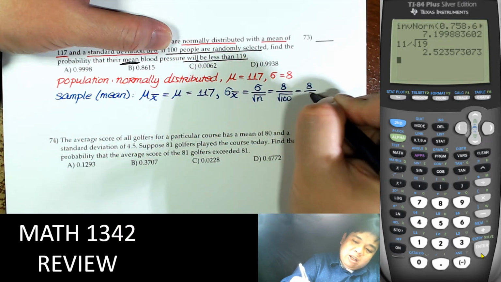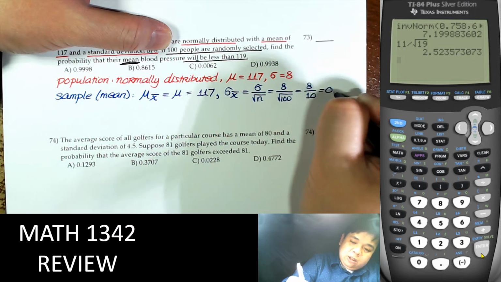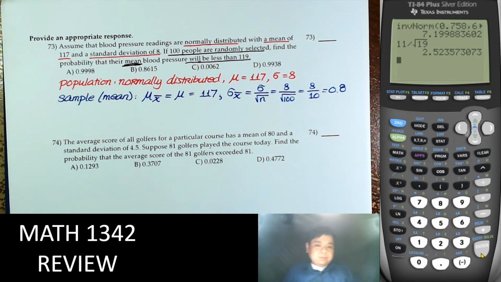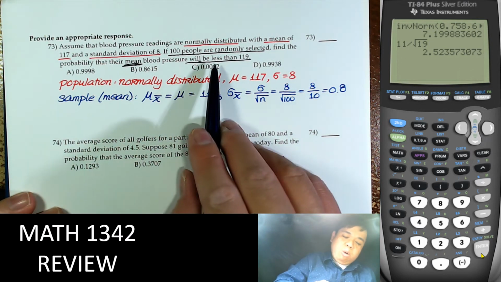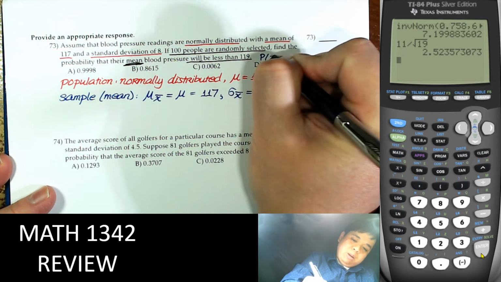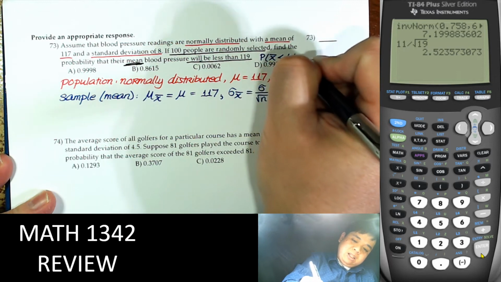So 8 divided by 10 is 0.8. And we want the probability that the mean will be less than 119.